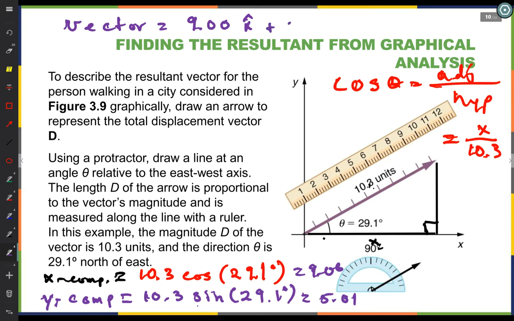Plus 5.00, or 01, excuse me. And technically I should put units out here, since it said units. So I have to have that unit there, which is just units. Rather meaningless. So that's how I can write out the vector.